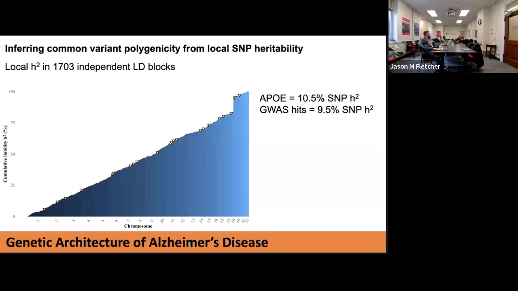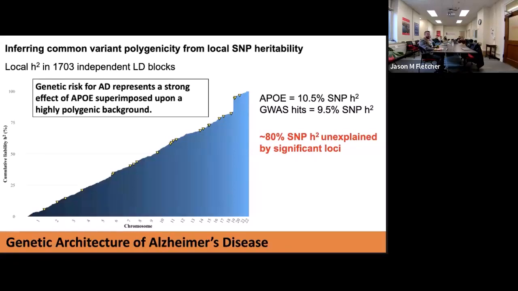The other genetic risk loci identified by GWAS explained another 9%. This leaves approximately 80% of SNP heritability unexplained by APOE or the genetic signal captured by GWAS, which suggests that the genetic architecture of Alzheimer's disease represents a strong effect of APOE, of course, but superimposed on a highly polygenic and diffuse effect.